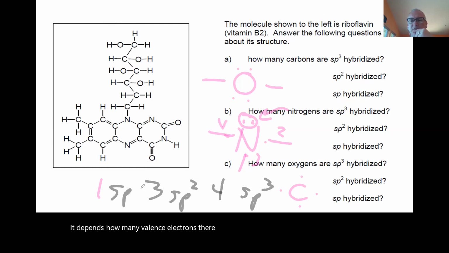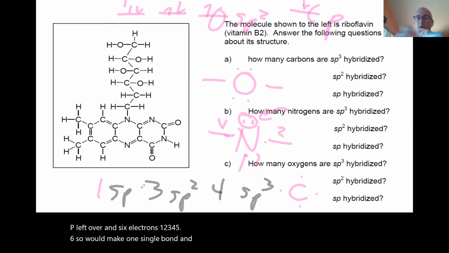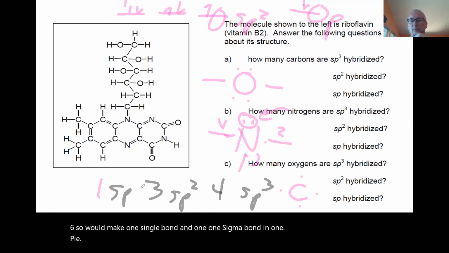If we're doing sp2 for oxygen, it would be 1, 2, 3 sp2, and there'd be 1 p left over, and 6 electrons. 1, 2, 3, 4, 5, 6. So it would make 1 sigma bond and 1 pi. Yeah, we did that one earlier for CO2. Okay.